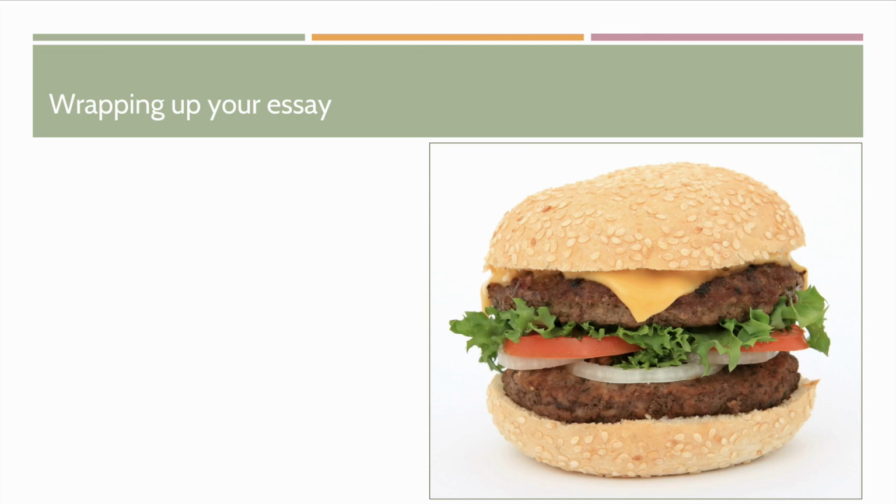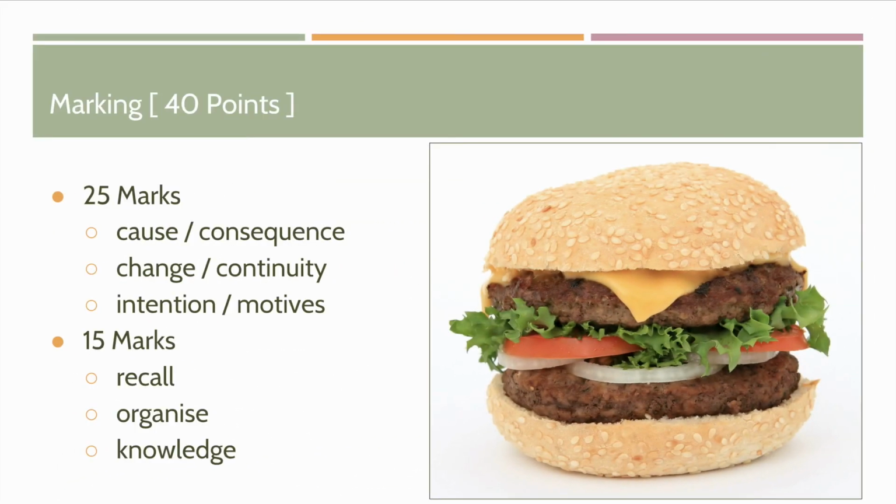Finally, with an extended essay, you have to have a conclusion, and the conclusion needs to reinforce what you said in your opinion. One of the things, and perhaps this is a little bit too much detail, but a perfect score on paper number 4 is 40 points.